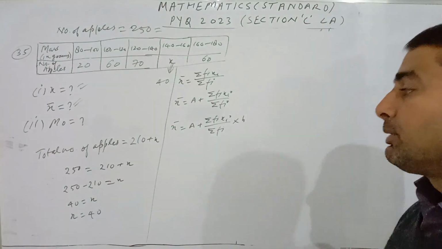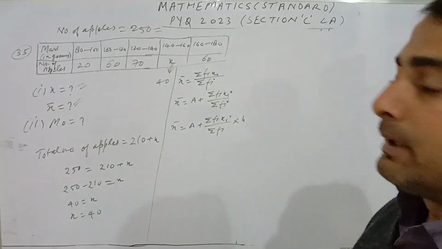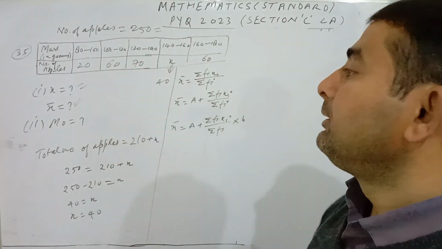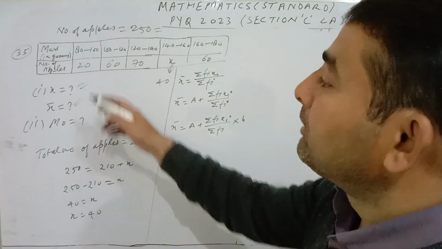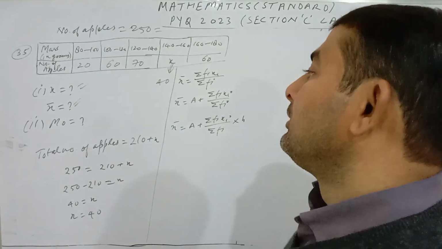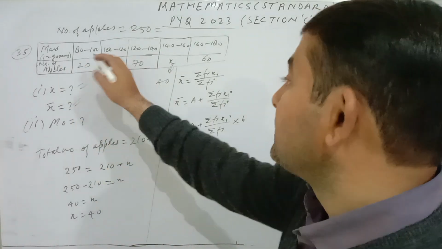So which formula should be used here? We will decide by finding the mean value of the frequency or mean value of the masses which are given here.